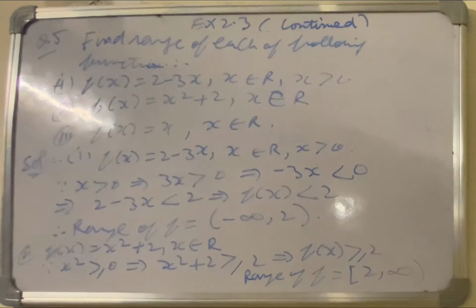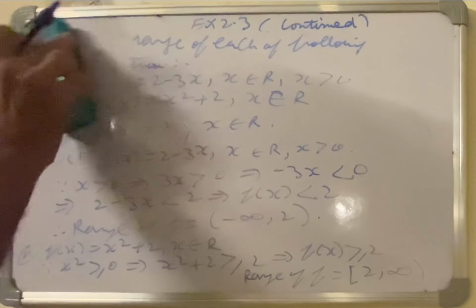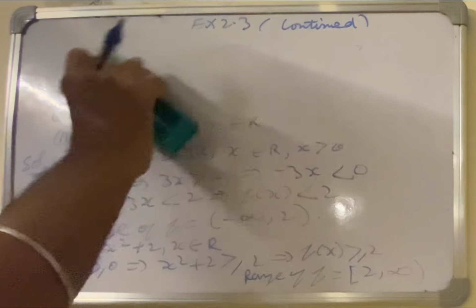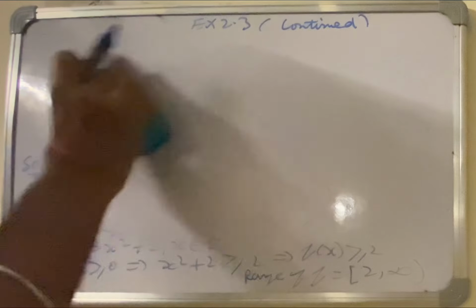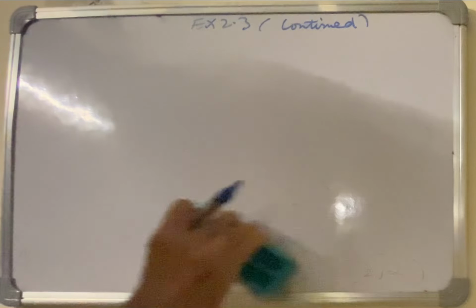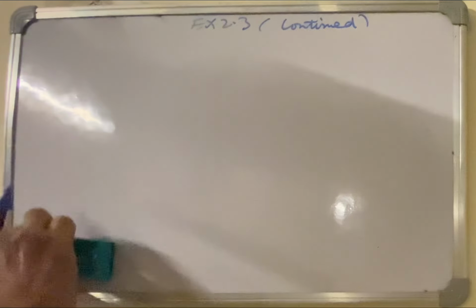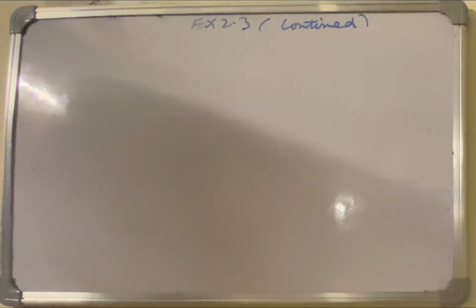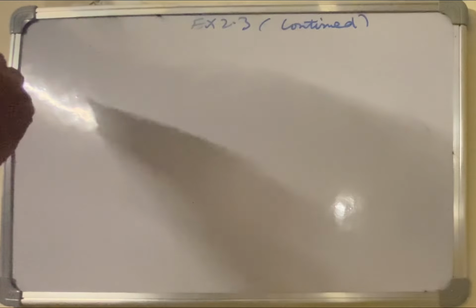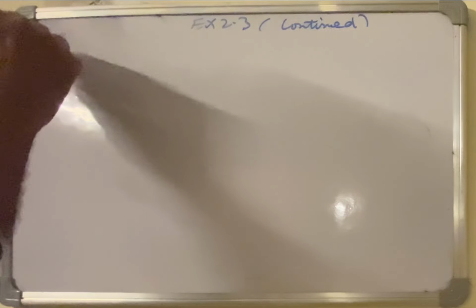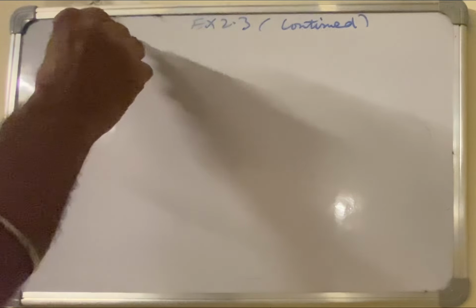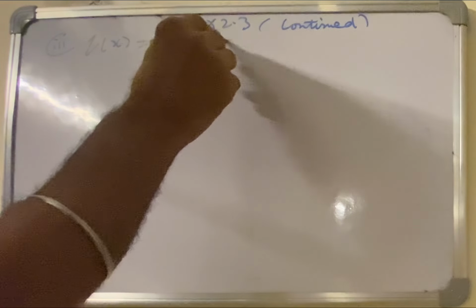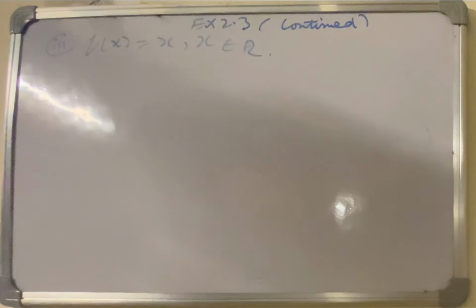Then we take the third part. f(x) is equal to x, x is a real number.